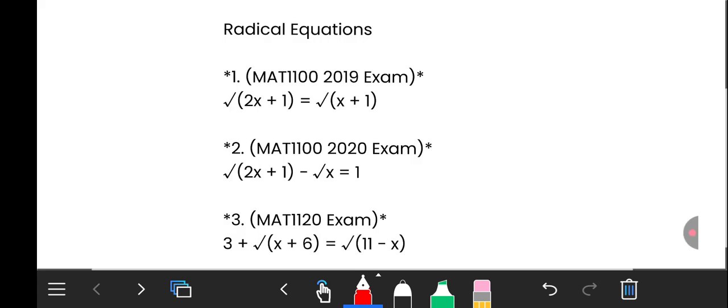Let's now solve these questions. Let me just get the questions. So the first question was square root of 2x plus 1 is equal to square root of x plus 1. This was from 2019 exam. Let's solve this one.